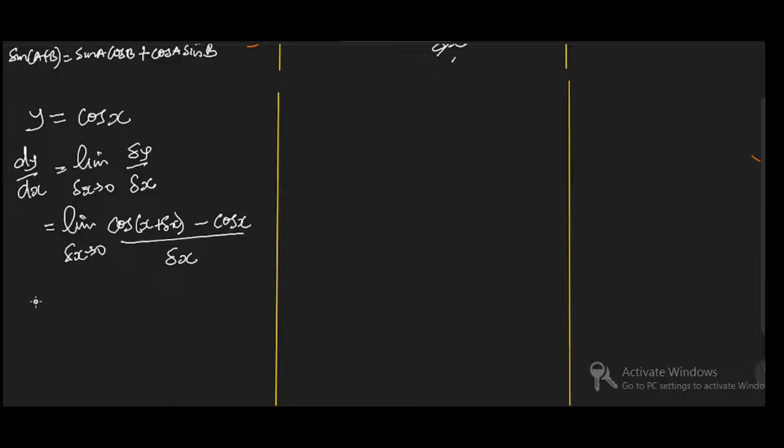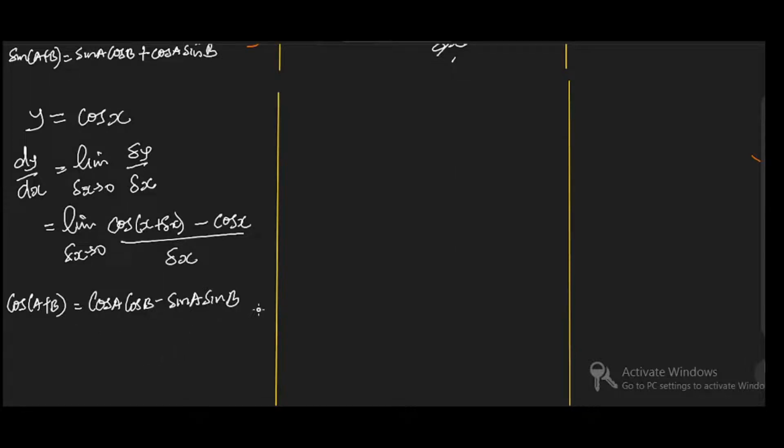Still we bring back our compound angle formula. From the compound angle formula, we know that cos of A plus B is the same as cos A cos B minus sine A sine B.